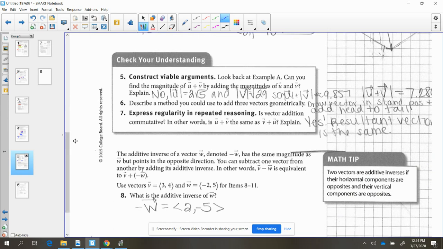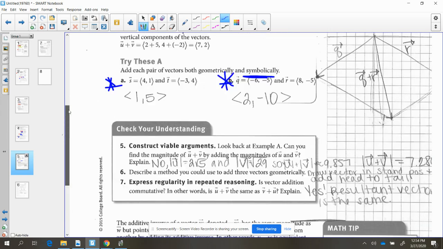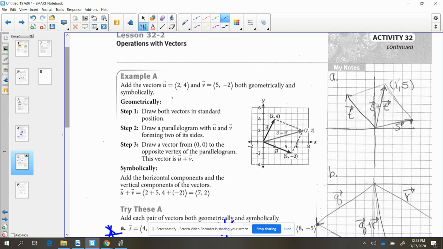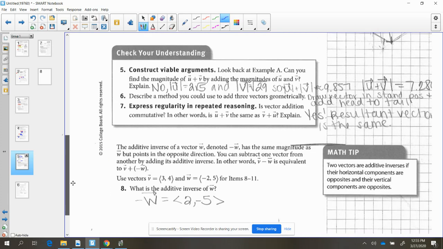Now from there we tested some things out. Looking back at the example they gave us in example A using vectors u and v, we calculated the magnitude for u, the magnitude for v, and then we also added u plus v together and calculated that magnitude.